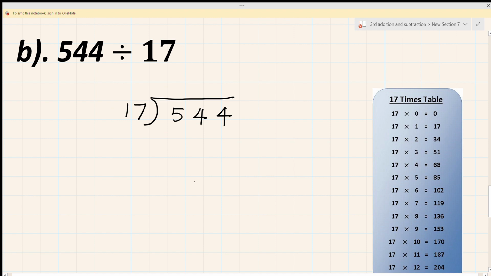So take 2 digits from the dividend. It is 54. 54 is greater than the divisor, so we can continue the division.